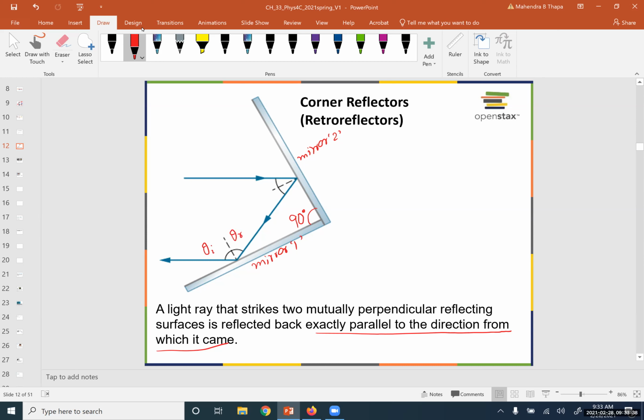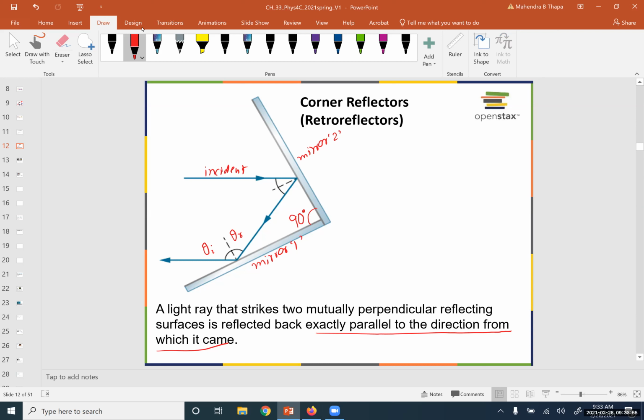Okay, so the first case, for the first beam of light, we can say this is the incident light. Okay, so this is the reflected one.